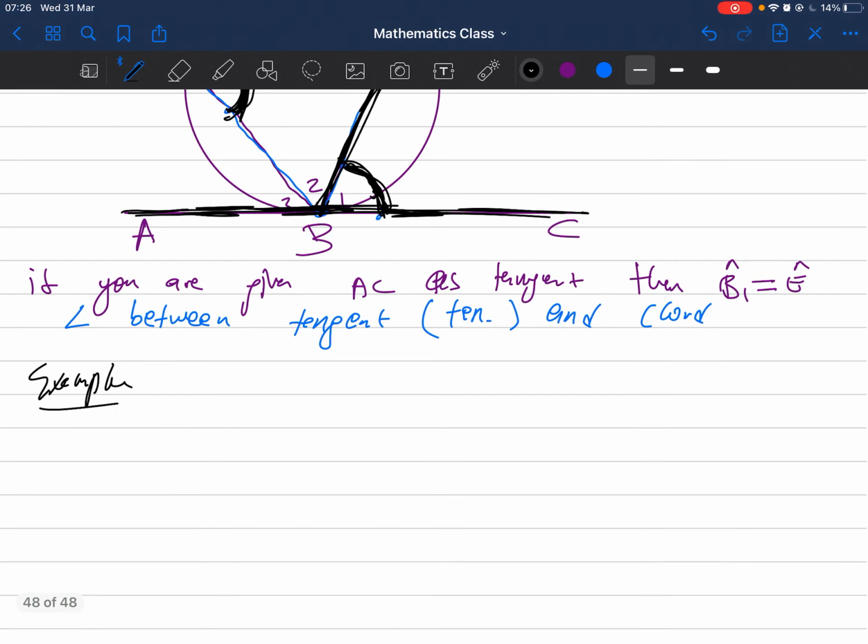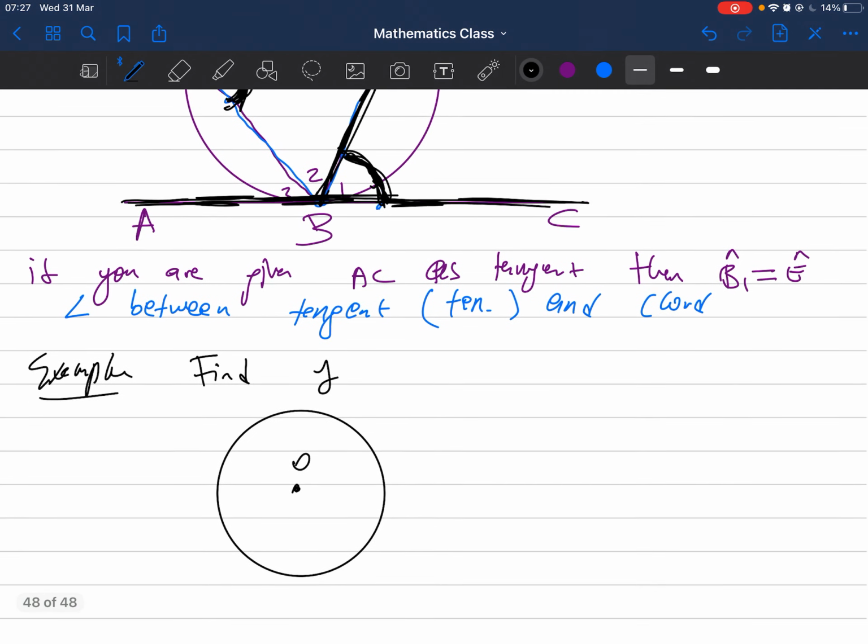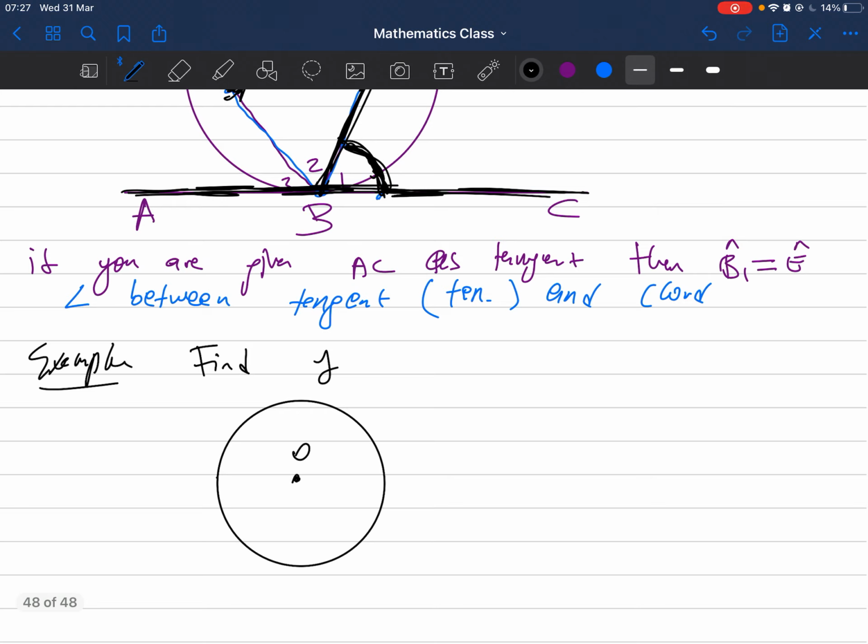Your example will be, let's just say find x. I've been using x a lot to say y. Find y, right? And you're given a circle. The circle has a center O, and you're given this here.